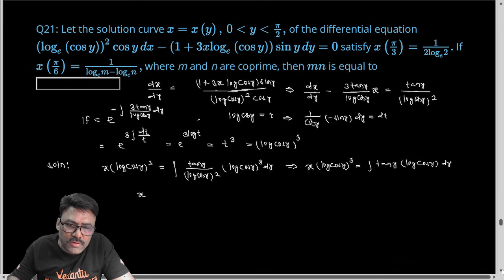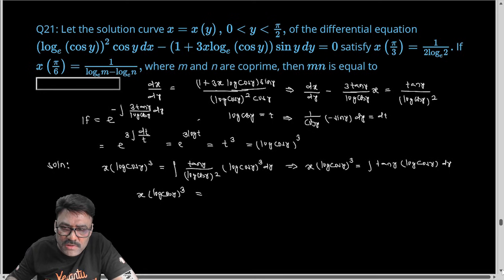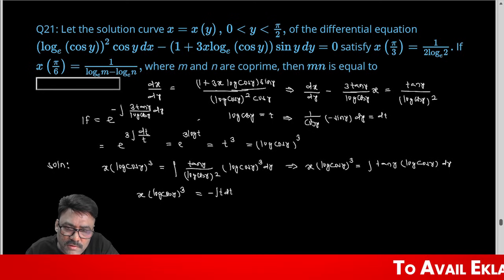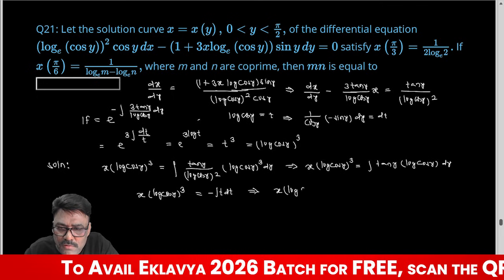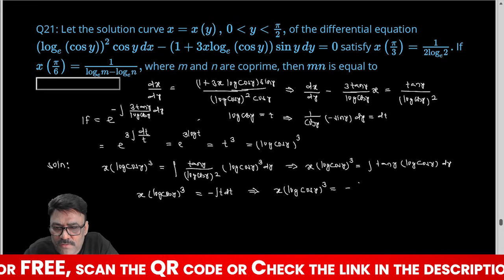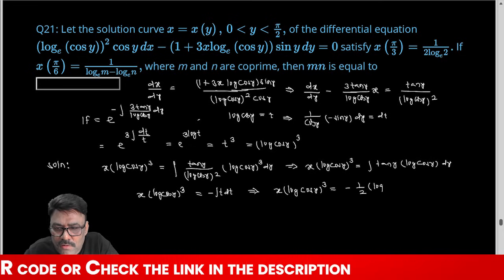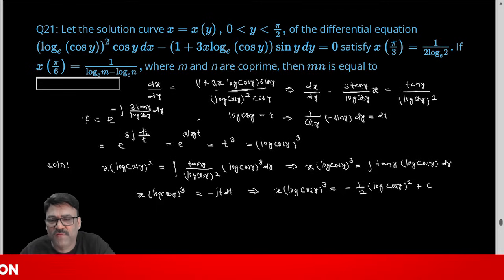Again if I put log cos y as t, tan y dy will become minus dt, so it is minus t dt. So it is x times (log cos y) whole cube equals minus t square by 2, so minus half (log cos y) square, plus c. This is the final solution.